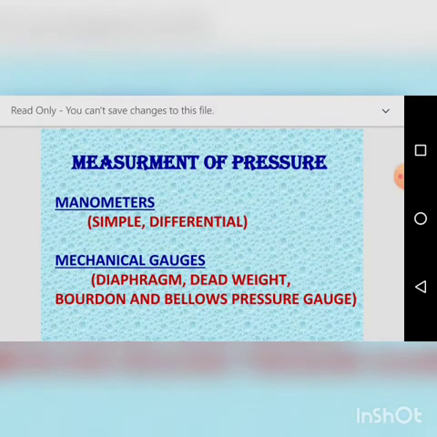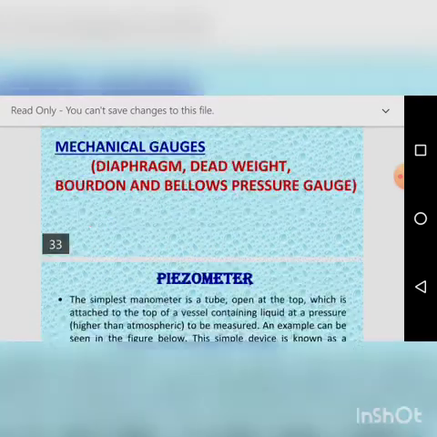Then we will see about measurement of pressure. Measurement of pressure is by means of simple manometer, differential manometer, then mechanical gauges such as diaphragm gauge, deadweight gauge, Bourdon gauge, and bellows pressure gauge.